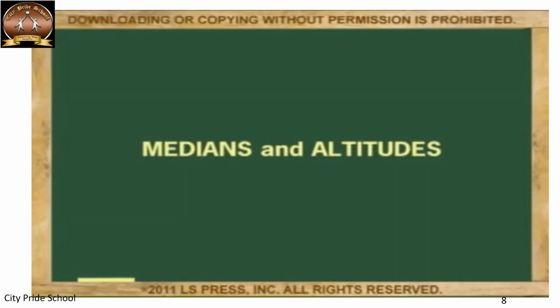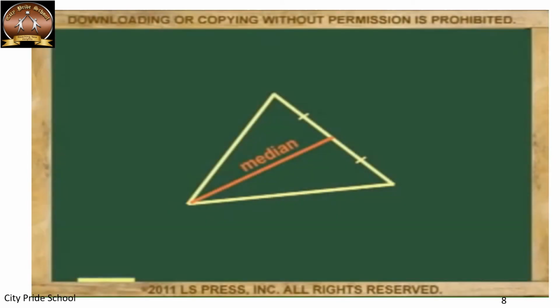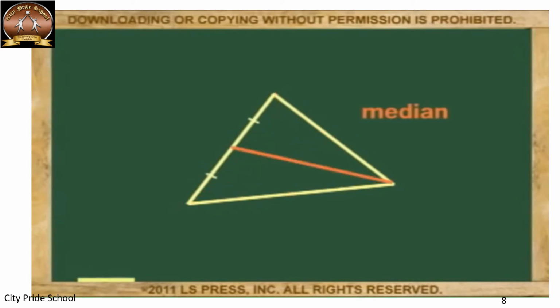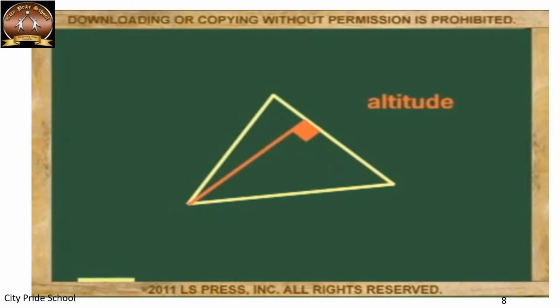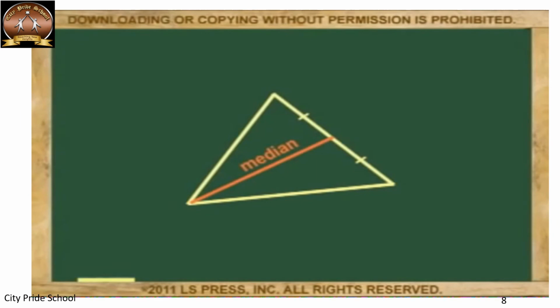To conclude this chapter on triangles, let me introduce you to the triangular median and the triangular altitude. All triangles have three medians and three altitudes. The median is defined as the segment that joins any vertex with the midpoint of the side opposite the vertex.